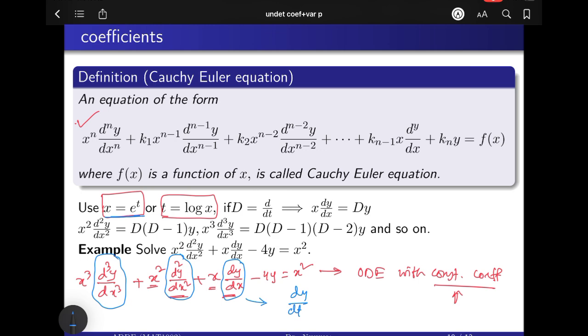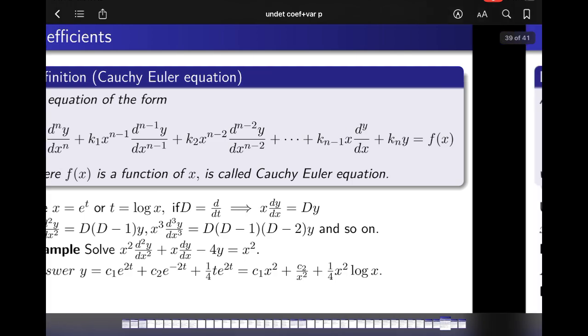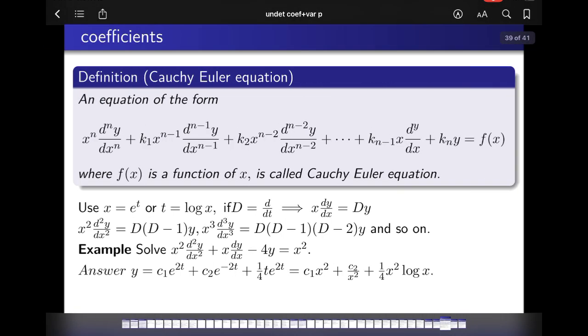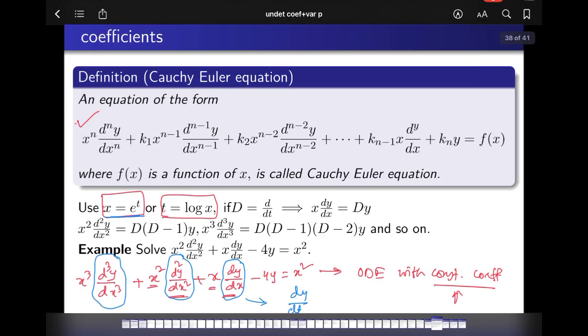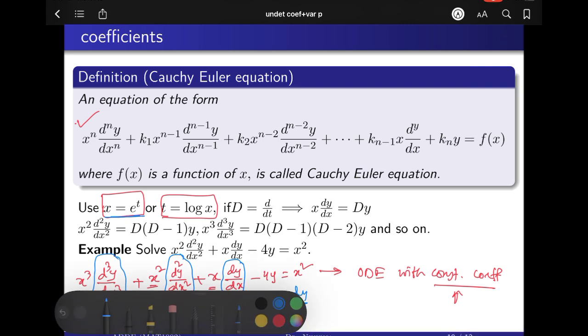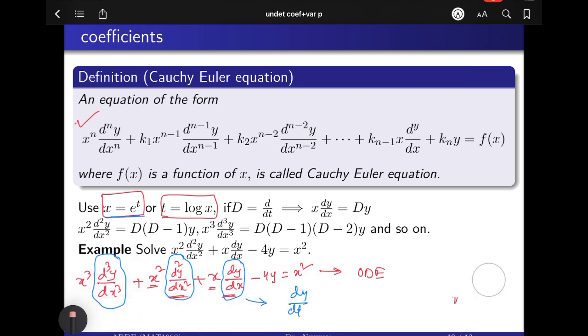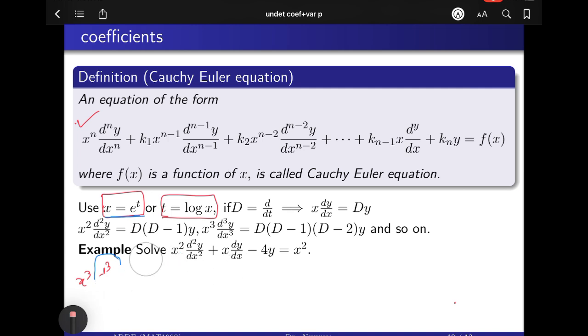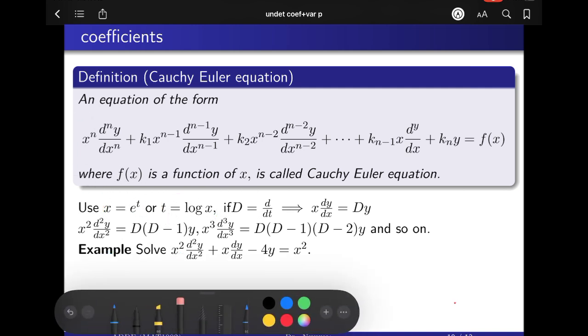So let's discuss that particular form. We can consider this question itself and try to solve it. Formally, I will do the entire solution so that you get a clear idea for this particular question. So let's get started with the solution.